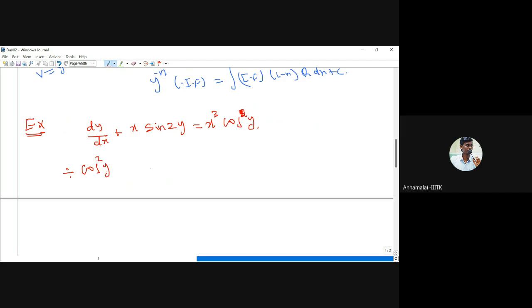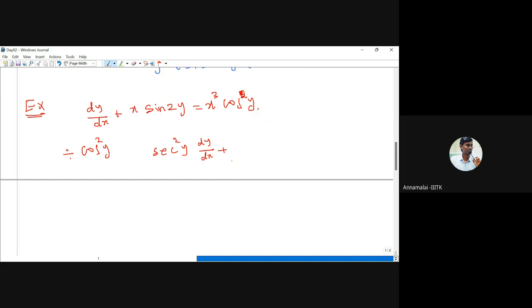Therefore, 1 by cos square is nothing but secant square y into dy by dx plus x into, no, I think I made some mistake in the problem here. Okay, anyway.